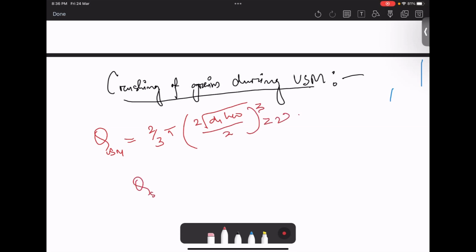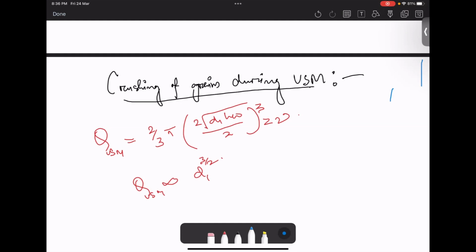So Q is directly proportional to d, right? Or you can say d to the power 3 by 2. So what then? With increasing dia, the MRR should go on increasing proportionally, isn't it?